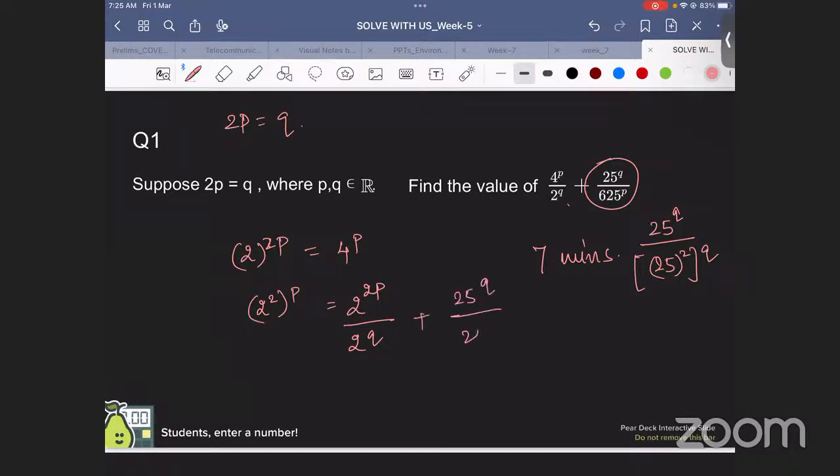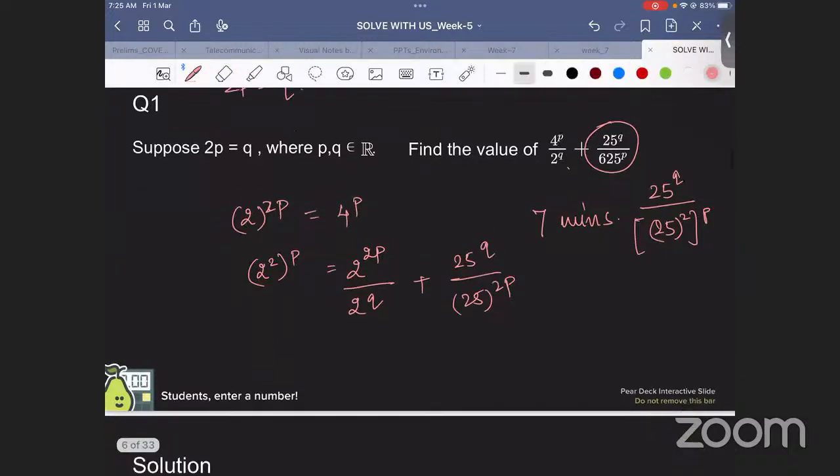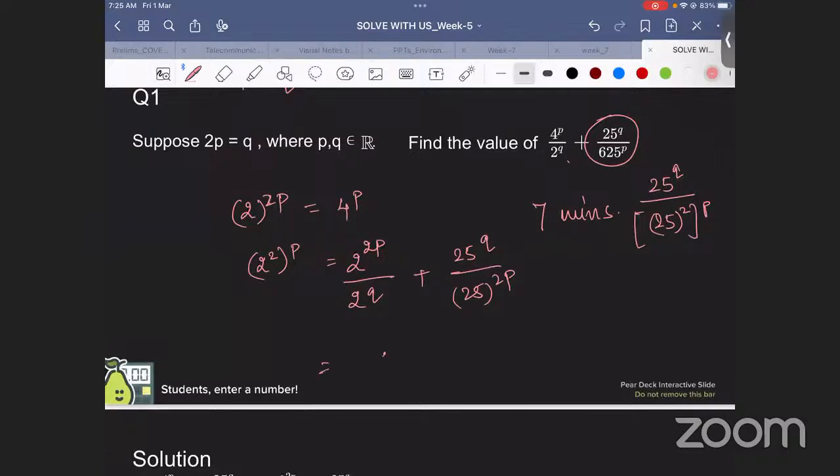Then 25 to the power 2p. So now can you write it like this: 2 to the power 2p minus q plus 25 to the power q minus 2p. This is fine, right?